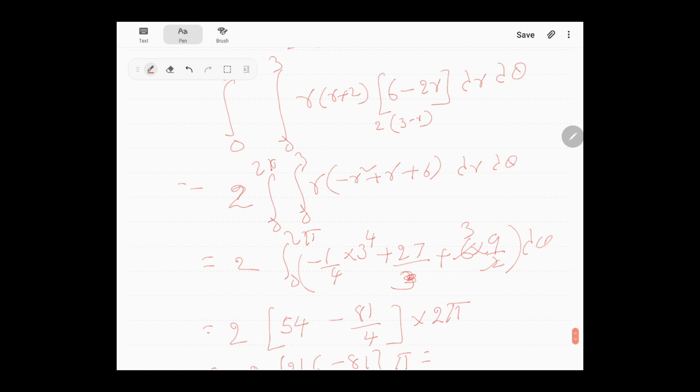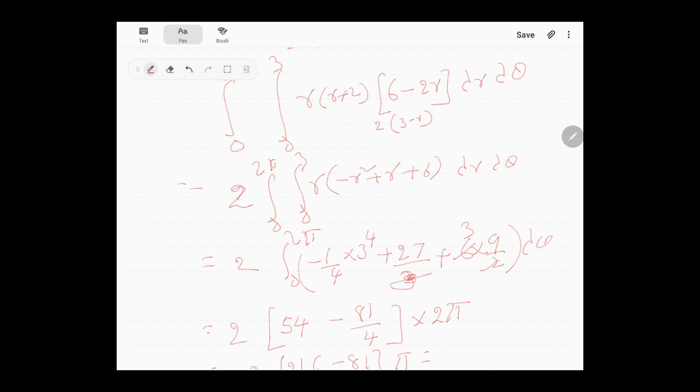R power 4 by 4, r power 4 is 3 power 4 by 4, plus here I have r square, r cube by 3, 3 cube by 3, 27 by 3, plus 6r, r square by 2, 3 square 9 by 2, the 2 goes 3 times, 3 9s 27.